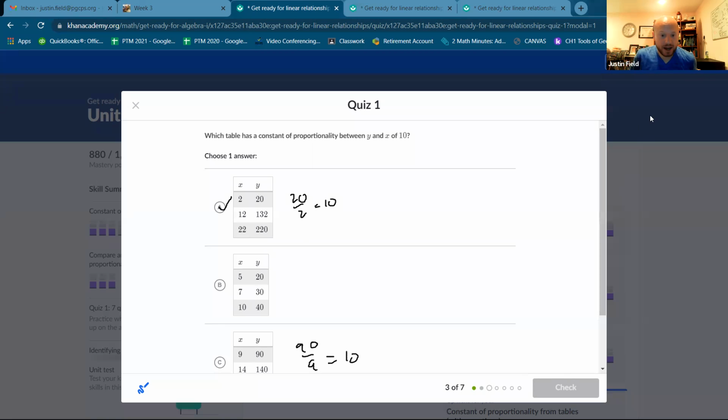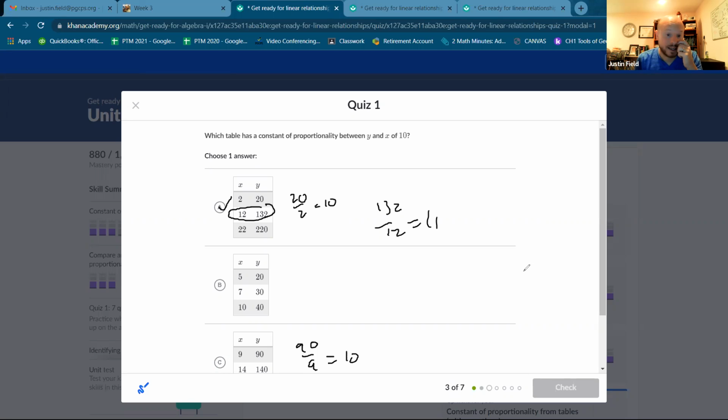Now, when I was thinking about it, I was like, both of these are 10. 90 over 9 is 10. And also, 20 over 2 is 10. But what about 132 divided by 12? I found it. So 132 divided by 12 is 11.